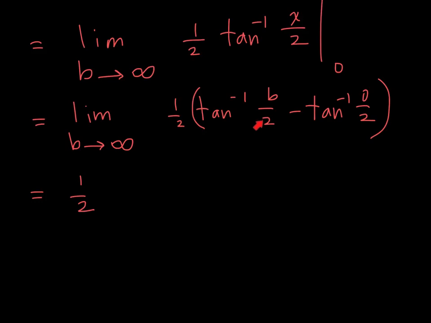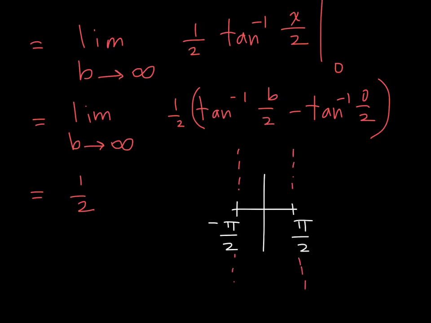And the angle whose tangent value is approaching infinity is pi over 2. Let's not forget what the tangent function looks like. So if I can draw this really quick, I'm going to sketch the graph of tangent. I could also use the graph of inverse tangent. So this is the graph of tangent.